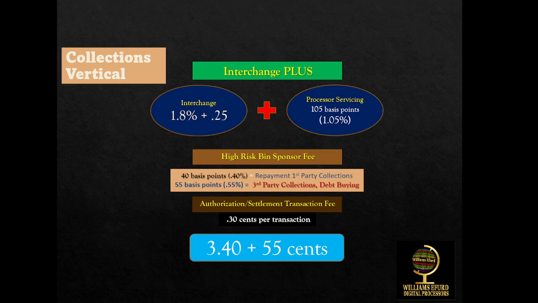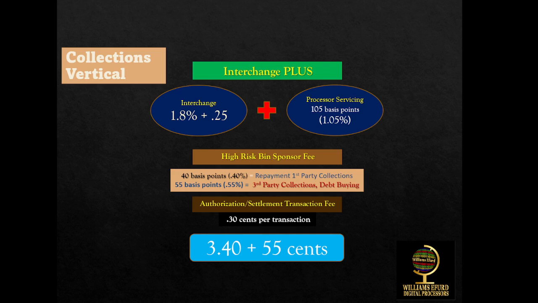Now, because it's a high risk vertical, and depending upon the sector of collections that we're talking about, the type of collections agency it is, there's even an additional sponsor fee that's added on top of that processor servicing. If we're talking about a repayment first party collections agency, there are 40 basis points added on top of that interchange.